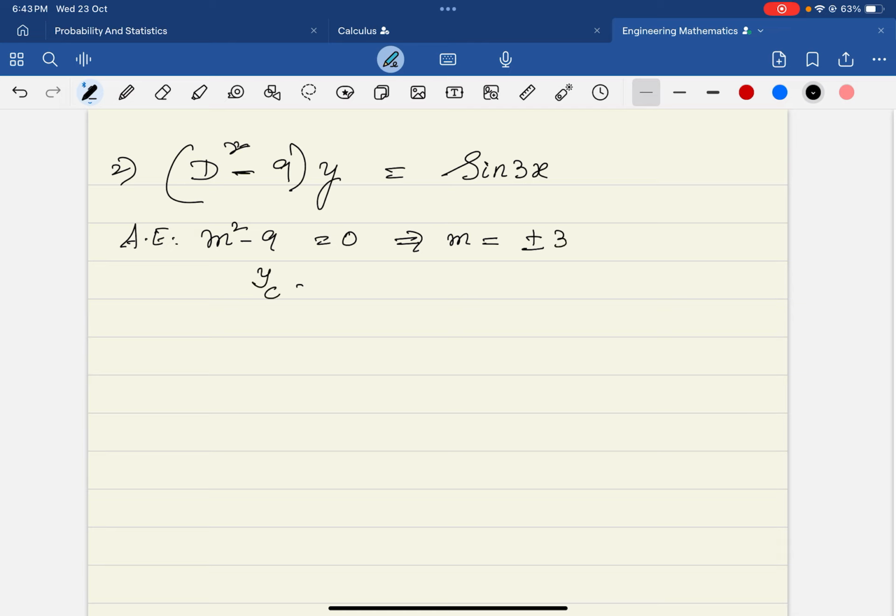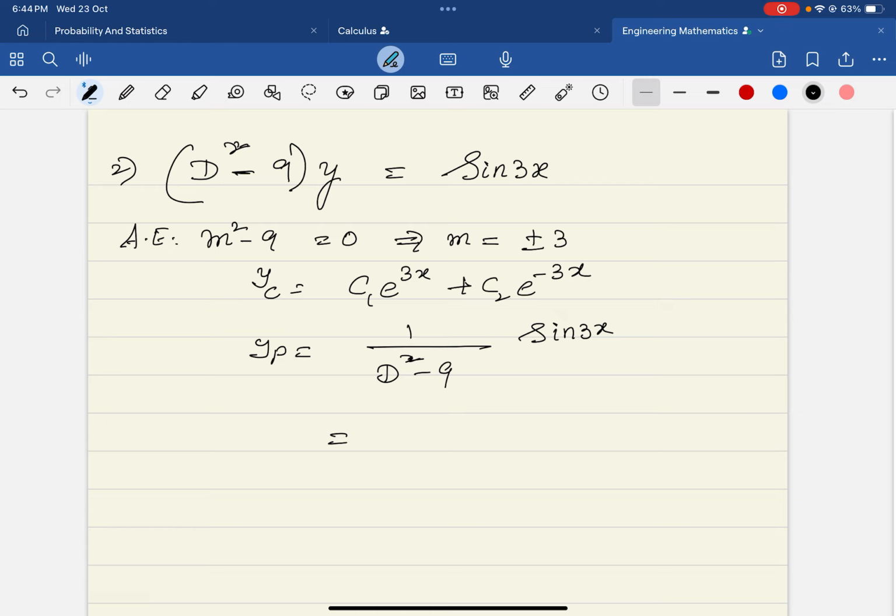So what is yc? c1 e raised to 3x plus c2 e raised to minus 3x, because the roots are real and unequal. Now what is yp? It is 1 over d square minus 9 of sine 3x. By the formula, it is 1 over d square minus a square of sine 3x.